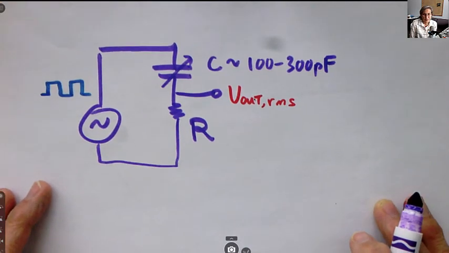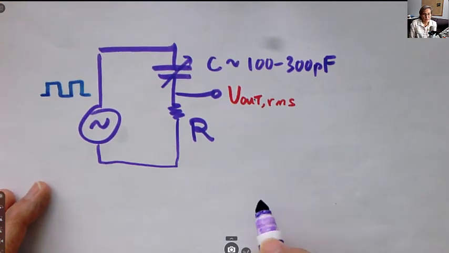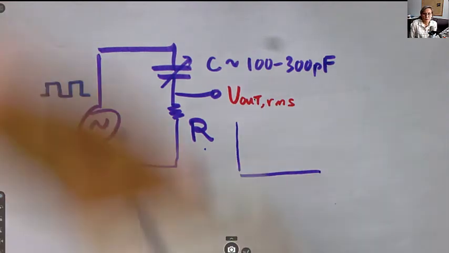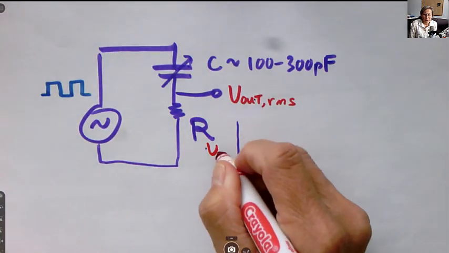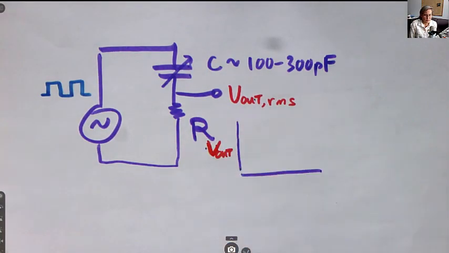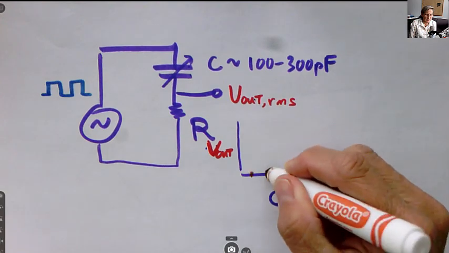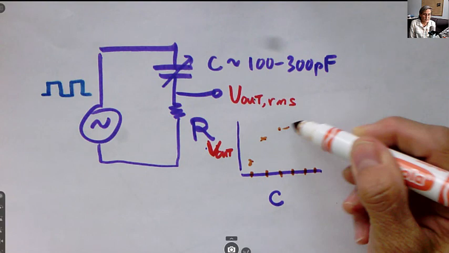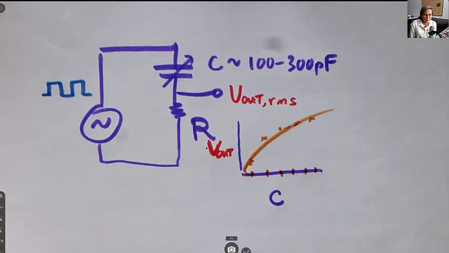So given that, you'll be able to know the range of the time constant. Again, you're choosing the R value. So we want a graph that gives us the V out in RMS versus capacitance. And what we'll do is we'll choose capacitors in the range that we expect to take these measurements, and we'll develop basically a curve so we can relate the capacitance to V out.